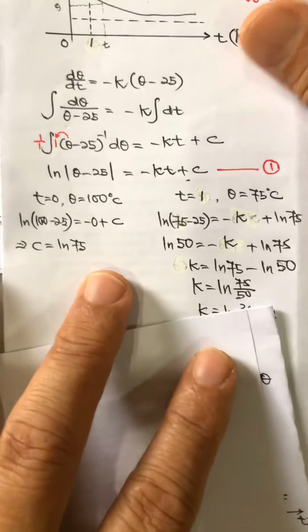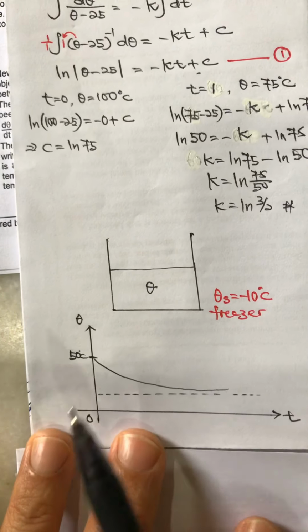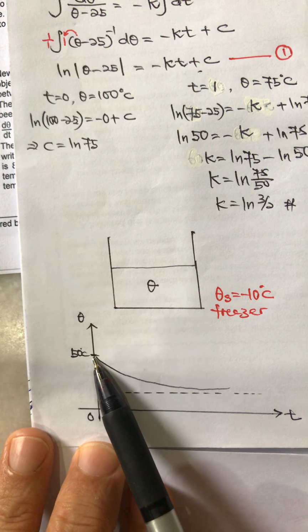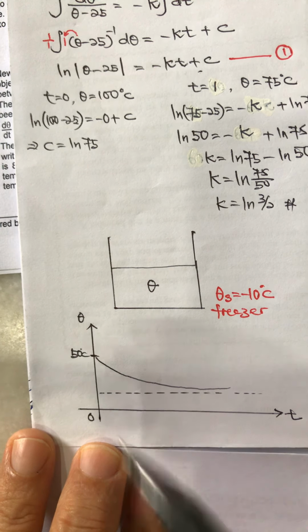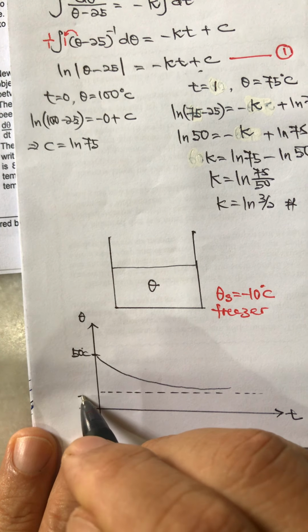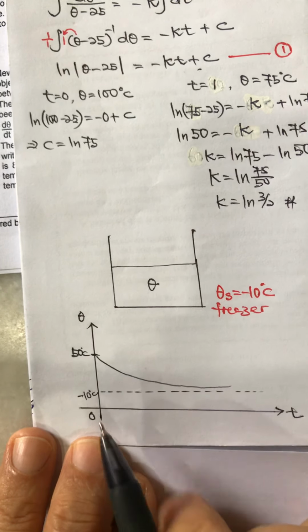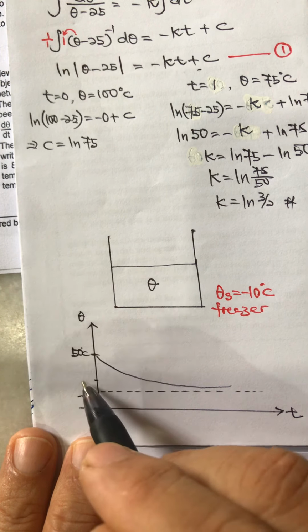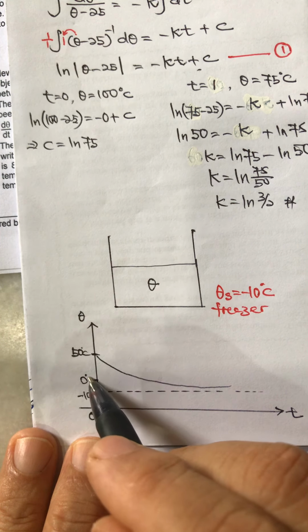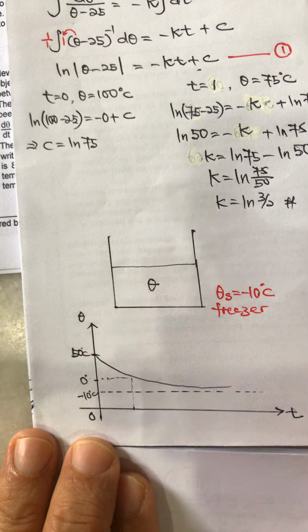So from here, if you look at the graph, now when the temperature is 50, because we put it in the freezer, it will cool down until -10. Okay, it will go until -10. But you want the time when it becomes ice. Okay, 0 degrees Celsius. So what is the time needed here?